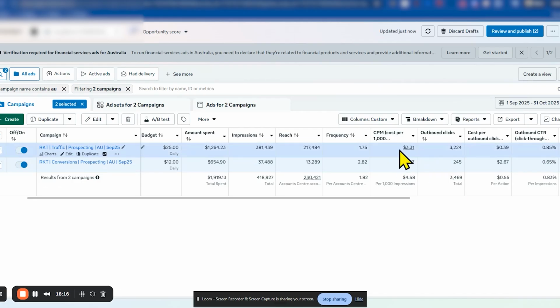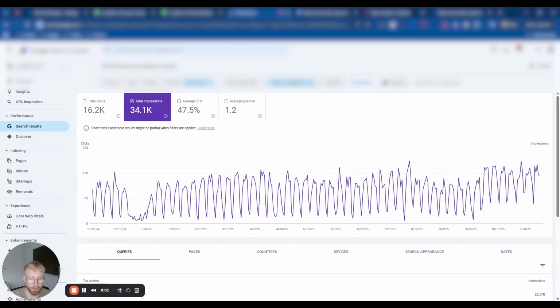Because the people in that traffic campaign aren't considered warm, in-market people who are ready to convert today, right? So fewer people want that traffic, and Meta puts a cheaper cost to reach those people, as it would to sell more premium traffic in their eyes, which is the people that they categorize in the conversion campaign.